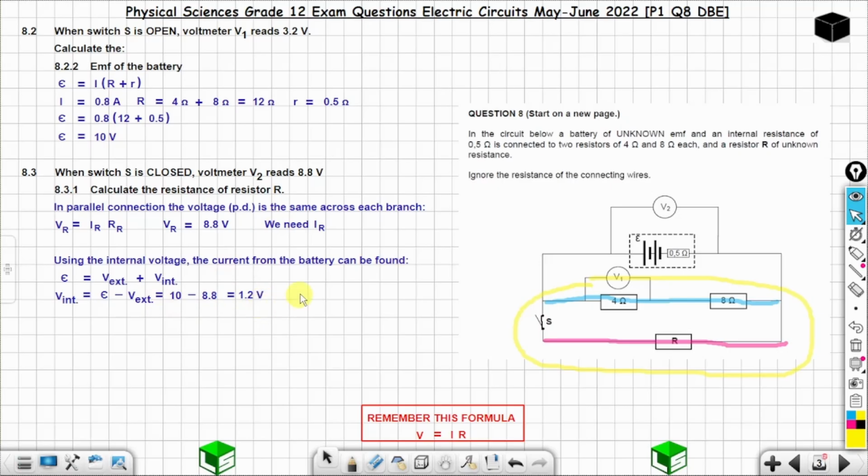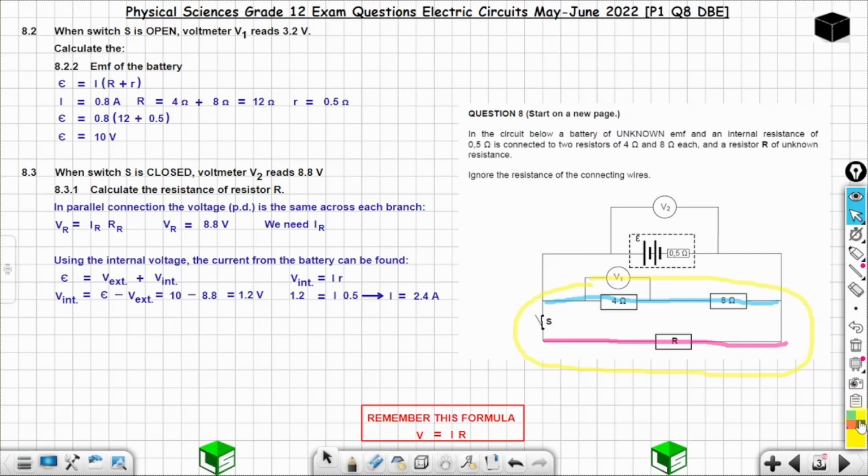The internal voltage is equal to current times internal resistance, so the current is 1.2 over 0.5, which is 2.4 amperes. This is the current coming from the battery.